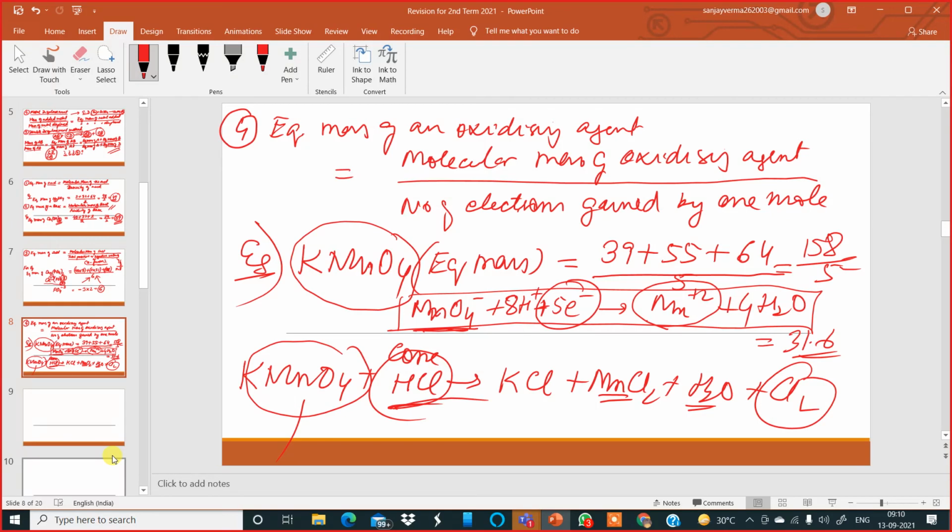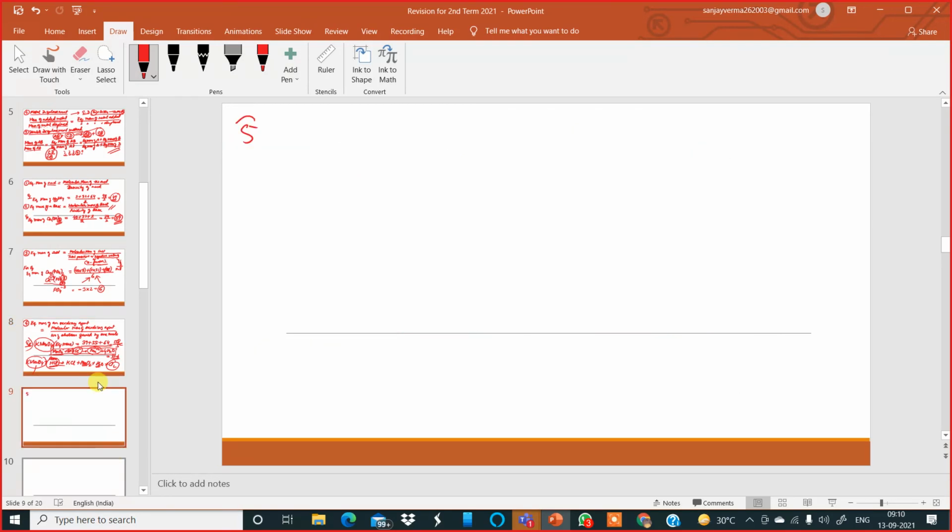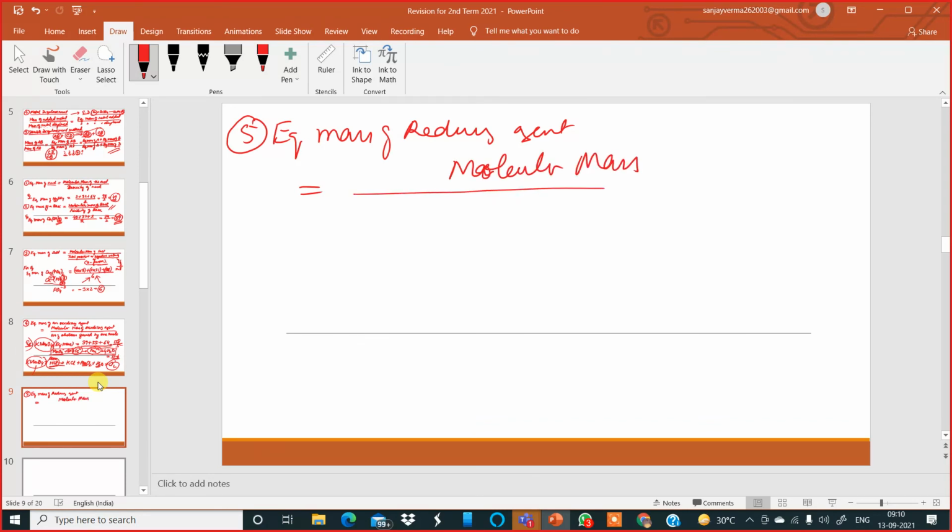Similarly, you can also work out the equivalent mass of a reducing agent. The formula is similar: molecular mass divided by the number of electrons lost.